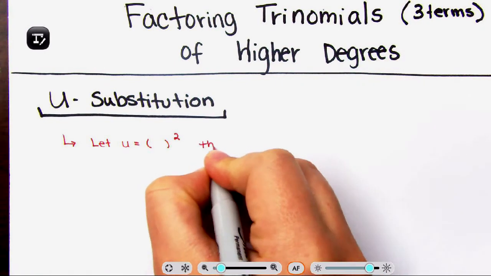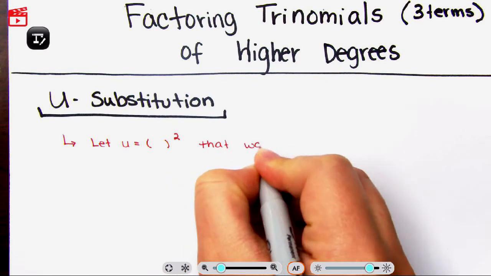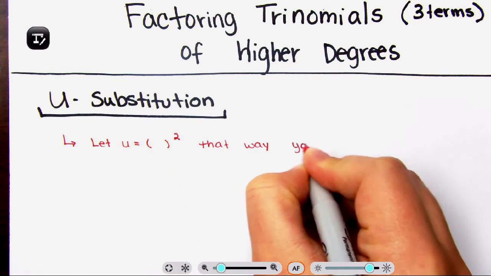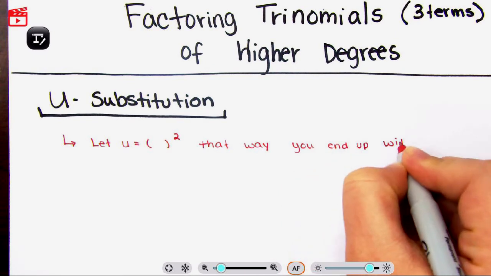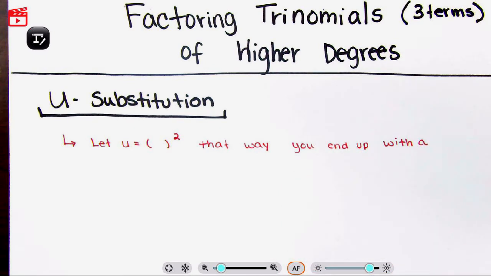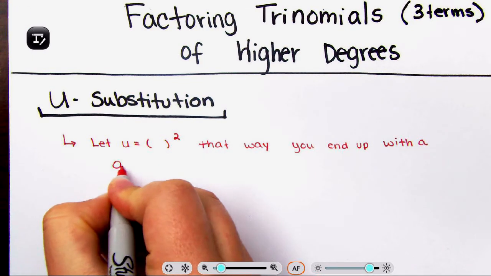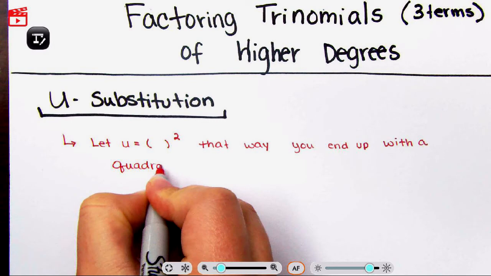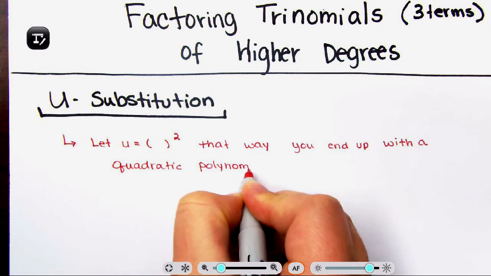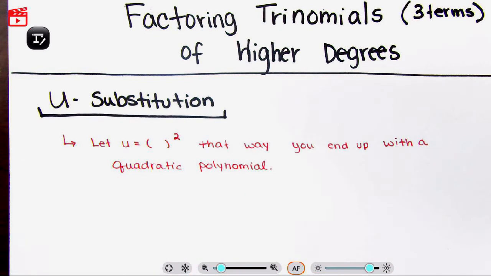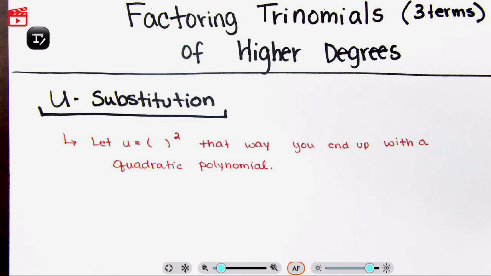That way you end up with a quadratic, or with the highest degree of 2. So you let U equal a bubble squared, and we're going to do an example, so it's going to make a little bit more sense in a second.